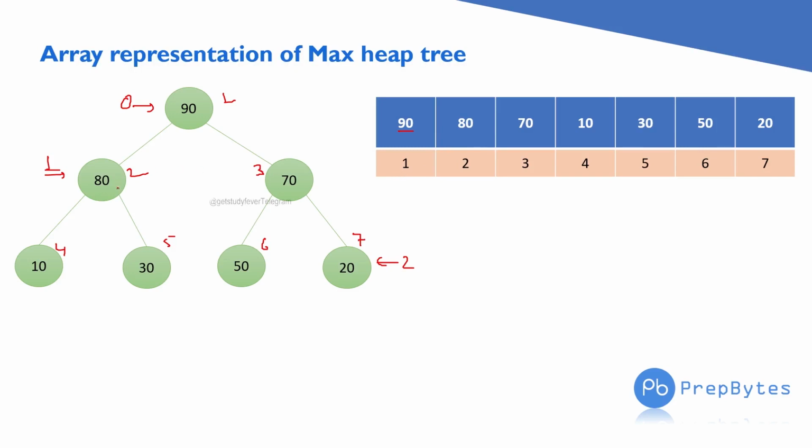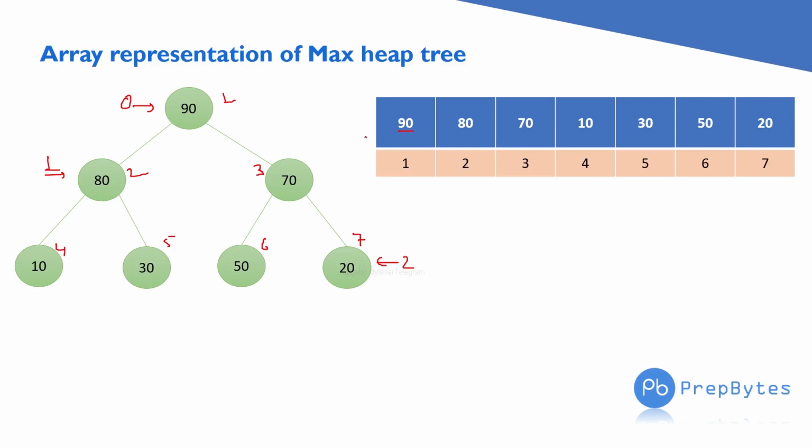If I want to know who is the parent of 80, using the indexes in our array without drawing the tree, we can know it. For example, we want to know who is the left child of 70. Using the index of our array without drawing the tree, we can know that the left child of 70 is 50. Similarly, we can know who is the right child of 70, only using these indexes without drawing the tree.